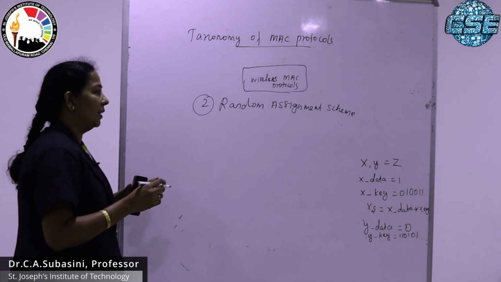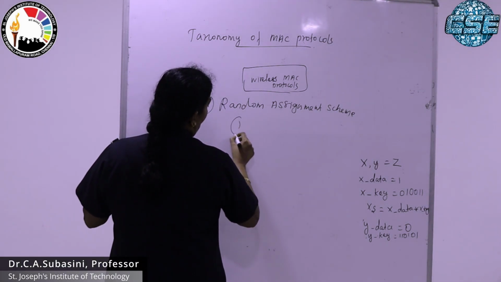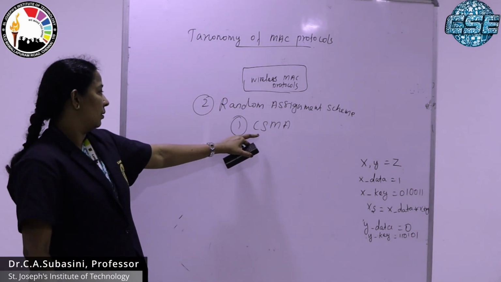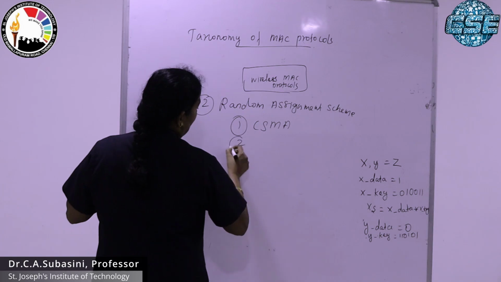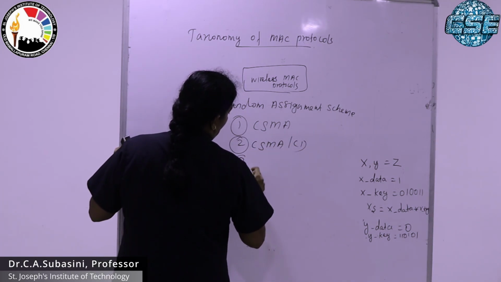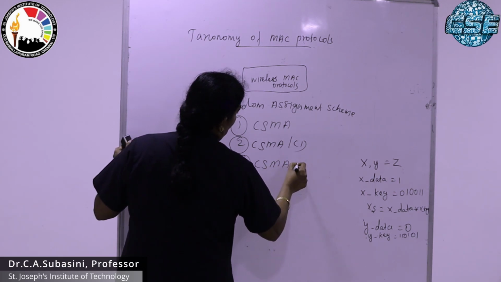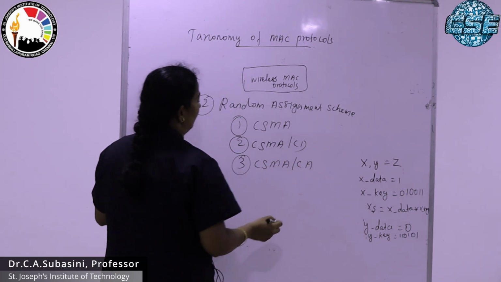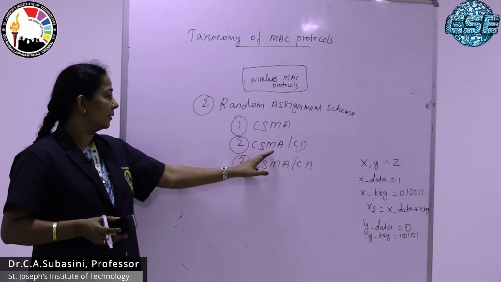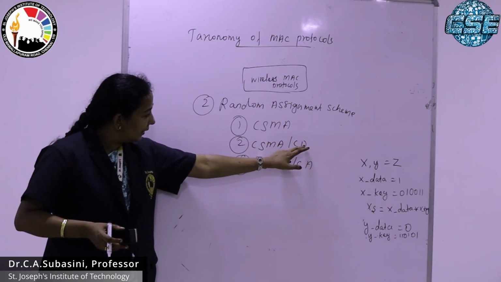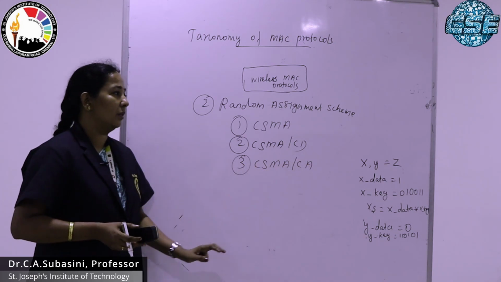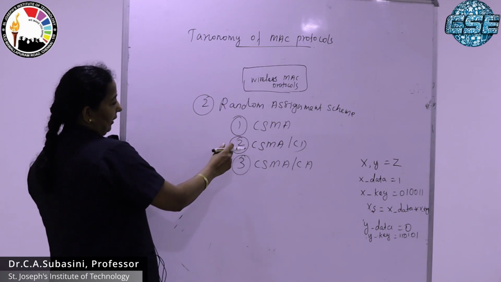In this random assignment scheme, the first is ALOHA, the second CSMA, CD, third CSMA, CA. Carrier sense multiple access. So this is carrier sense multiple access collision detection technique. Third is carrier sense multiple access collision avoidance technique.